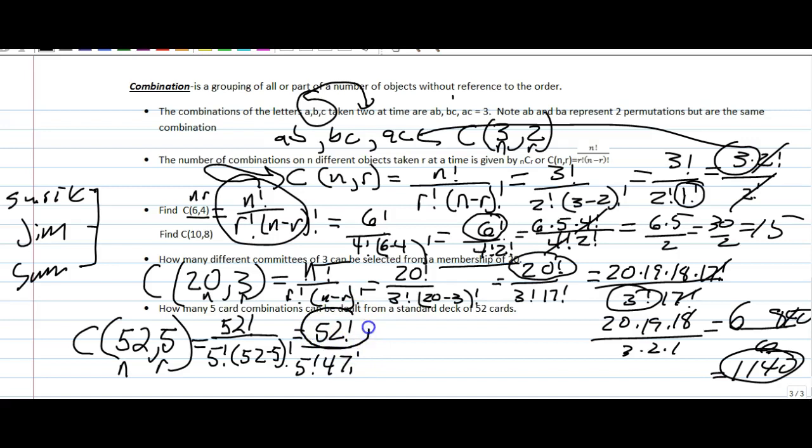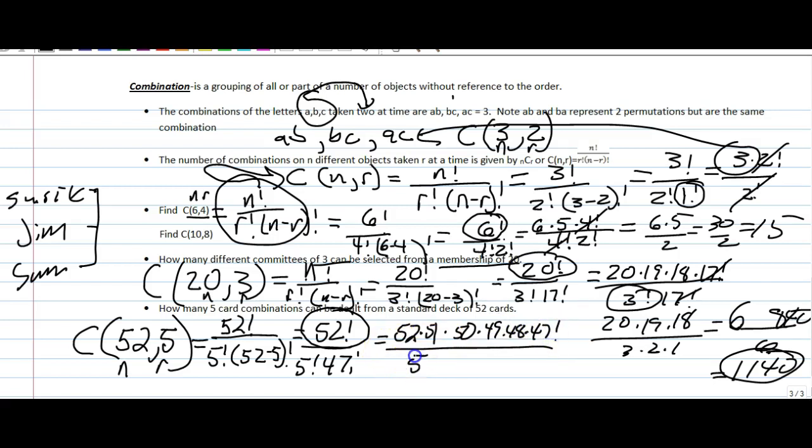And again, I begin the factorialization of the largest number until I get something which I can cancel downstairs. So that's 52 times 51 times 50 times 49 times 48 times 47 factorial.